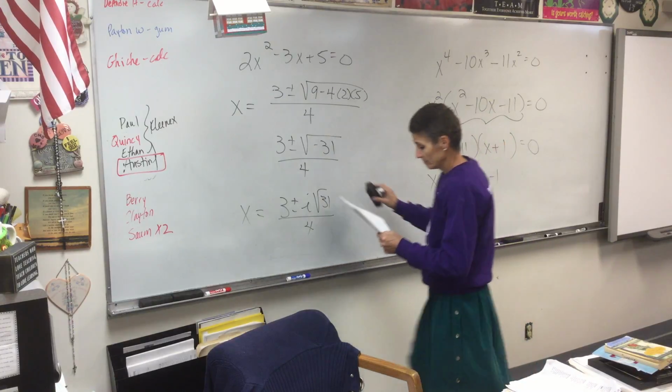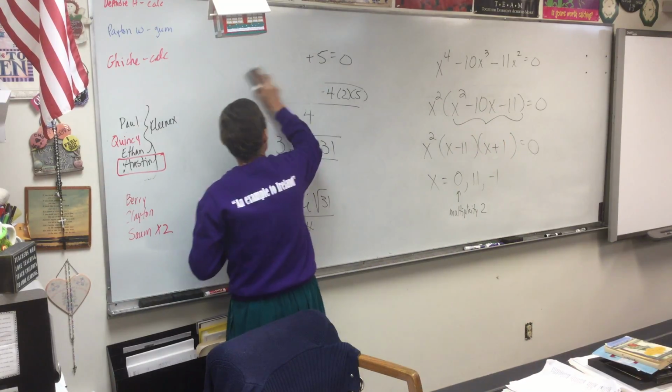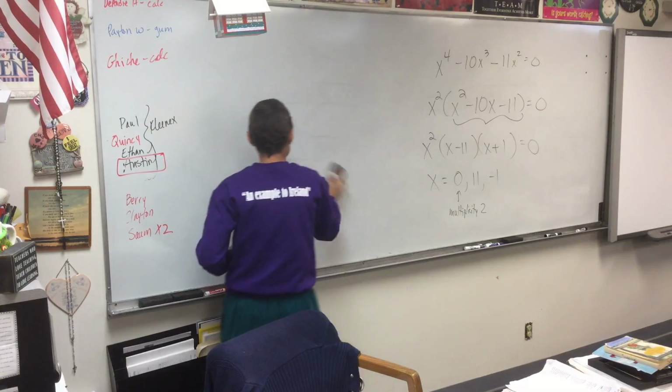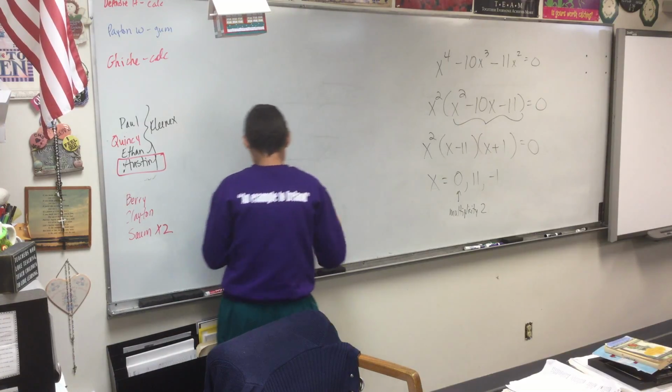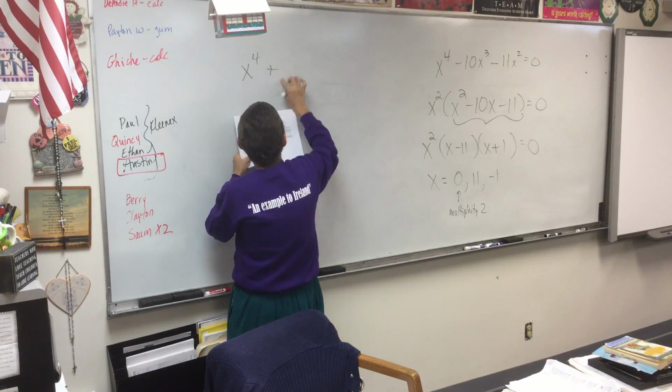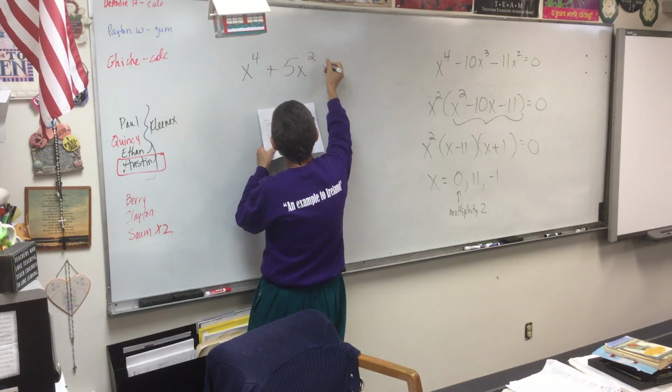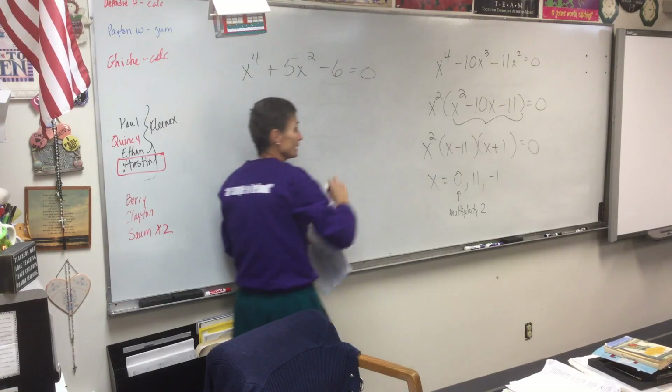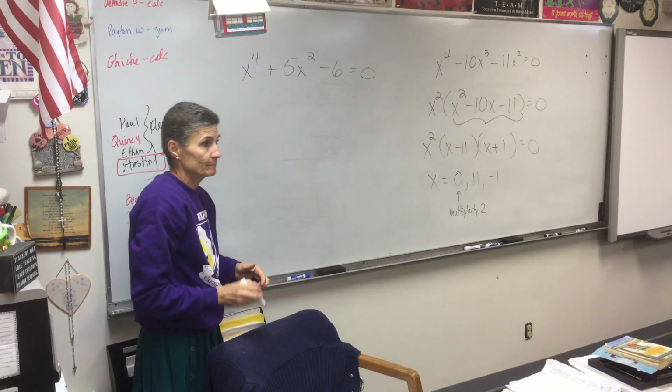C. This is a tricky one. I must have been in a bad mood when I wrote this sheet. I put a tricky one on here. It's actually very, very easy, but you really have to have your thinking cap on.